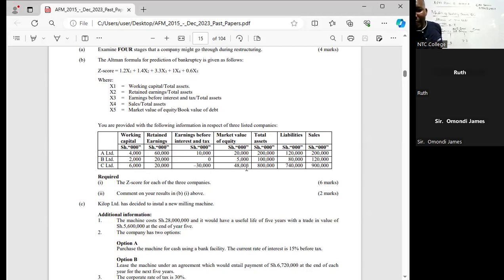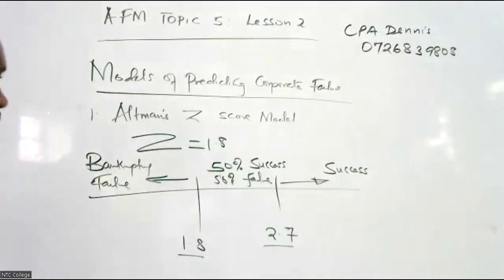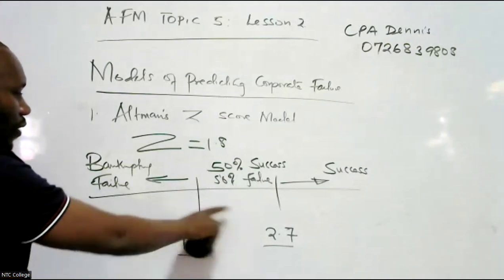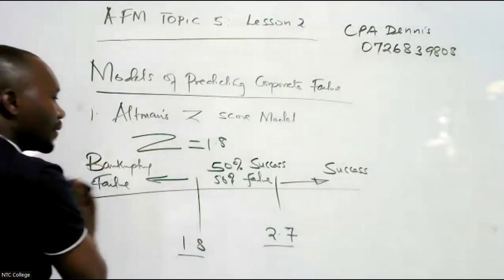Was it easy? Now imagine somebody was scared. This one is very simple. So let's have our Altman's model. Let's start with company A, and then we interpret. We're going to interpret according to this. Sawa.